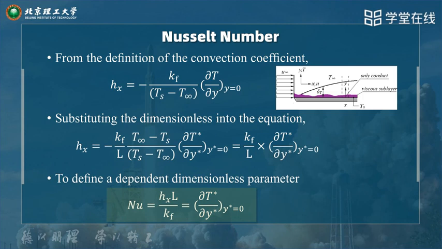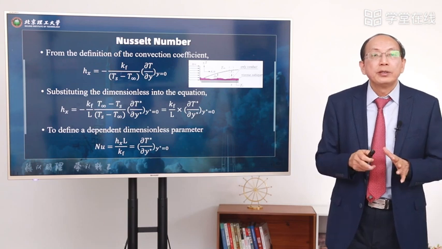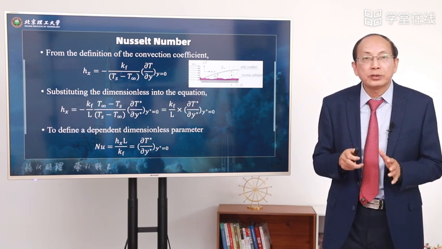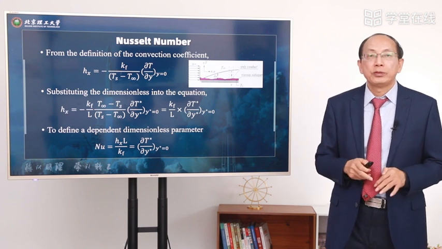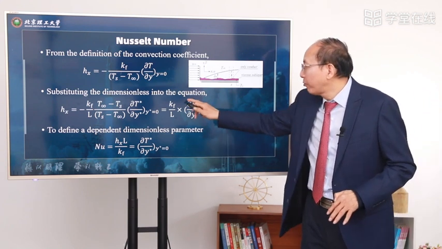So we use this dimensionless differential to represent a number. So the Nusselt number is partial t star over partial y star when y star is 0. Its definition is hx times L over kf, where kf is the conductivity. The dependent dimensionless parameter, Nusselt number, just comes from this equation.